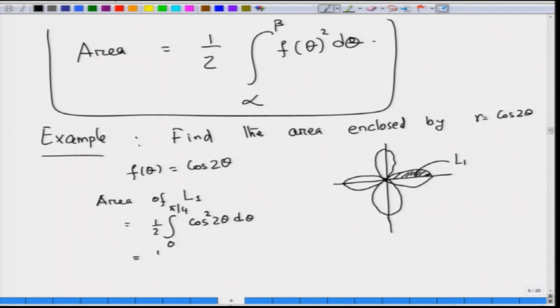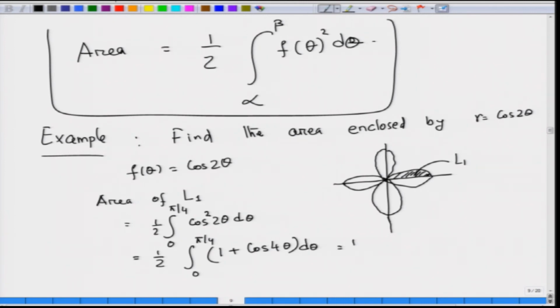So, this is equal to 1 by 2, 0 to pi by 4, cos square 2 theta is 1 plus cos 4 theta d theta.